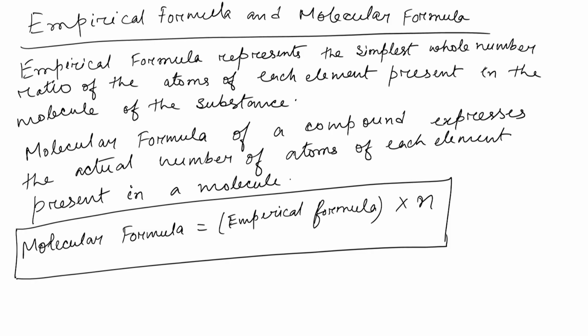So, this N factor, this N is any positive integer. Okay. N is any positive integer. So, this N is calculated when we know the molar mass of the compound. So, let us have some examples.